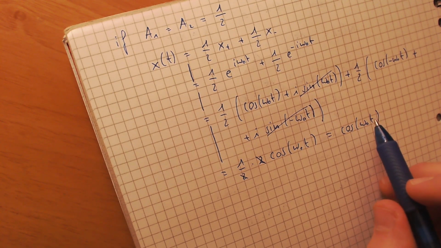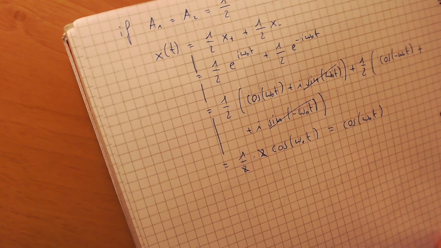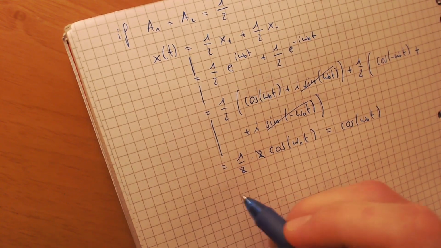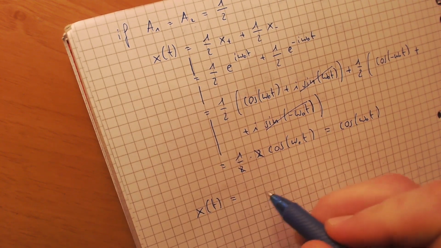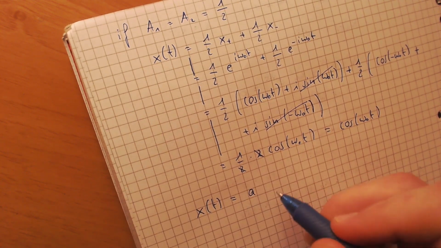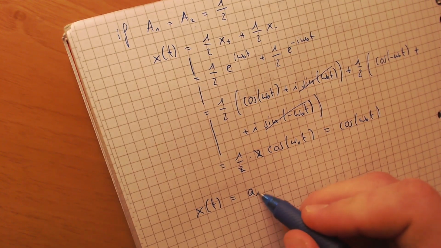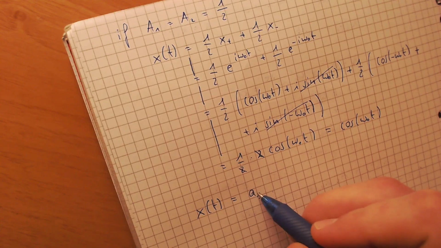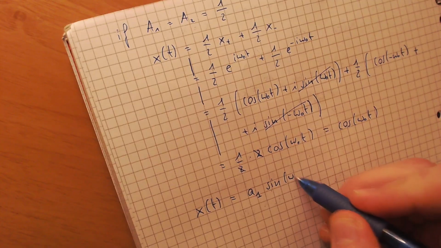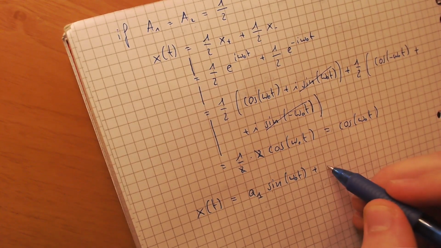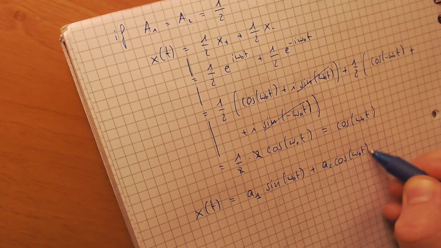But these two solutions are independent, so that means that the general real solution will be a function x of t that is a combination of sine and cosine. So we have to write a1, the first coefficient, times sine of omega 0 t plus a2 cosine of omega 0 t.